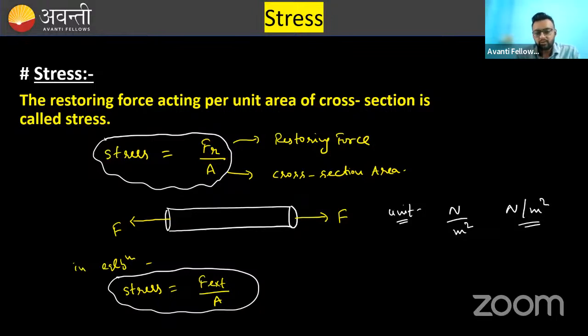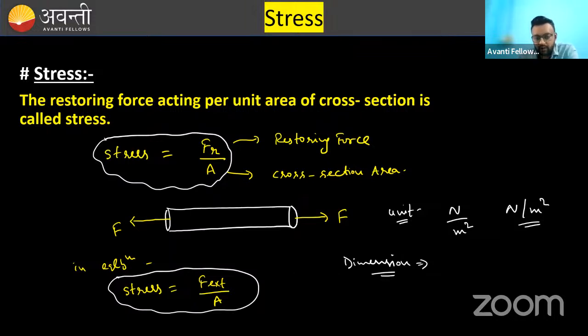Okay. So can anyone write the dimension as well? What will be the dimension of stress? I'm giving you 30 seconds. Just write the dimension of the stress. Do you know about the dimension? The dimensional formula.